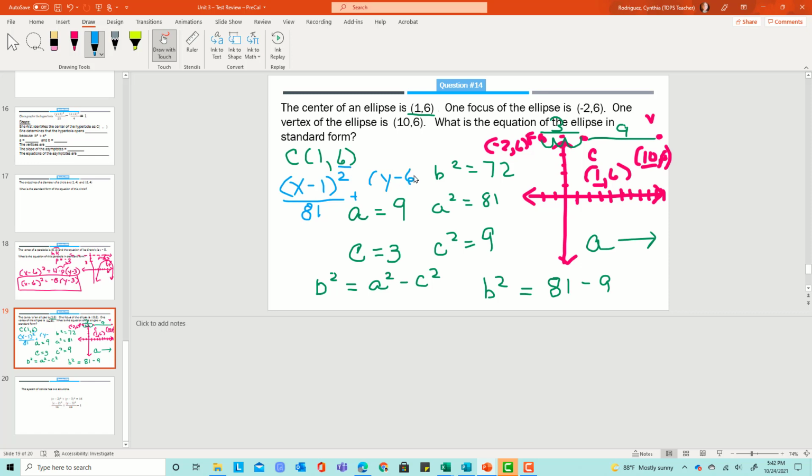K is 6, squared over b squared. B squared is 72, equals 1. So this is our equation for our ellipse.